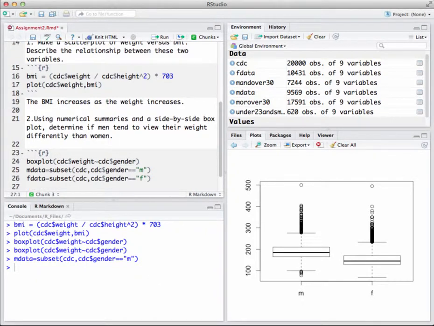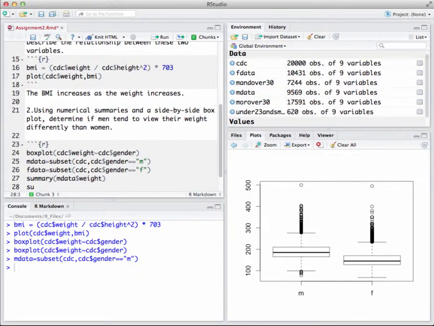And so now what we can do is get the summary data for each of those. So we can say, okay, give me a summary of the male data for their weights. So that's a summary of the male weight data. And then let's do this one more time. Let's get a summary of the female data weights.